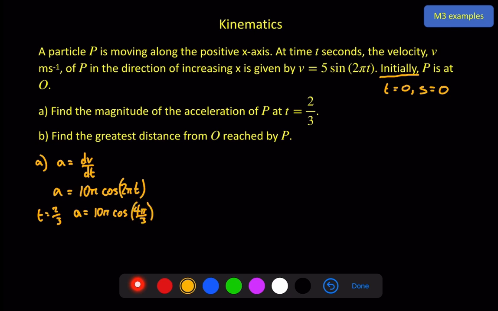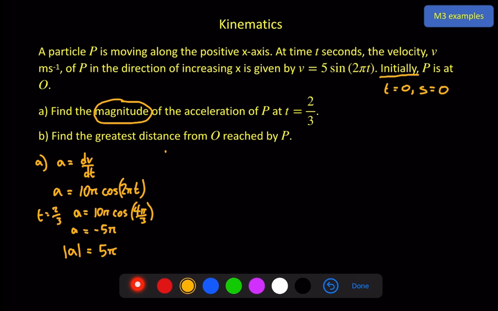That is minus a half, which gives us minus 5 pi. So it is negative, but if we want the magnitude of this, then we need to make it positive, and we get 5 pi meters per second per second.